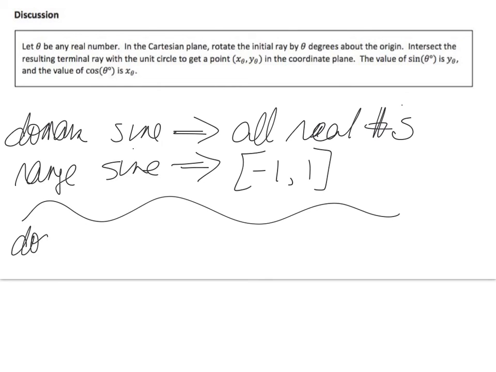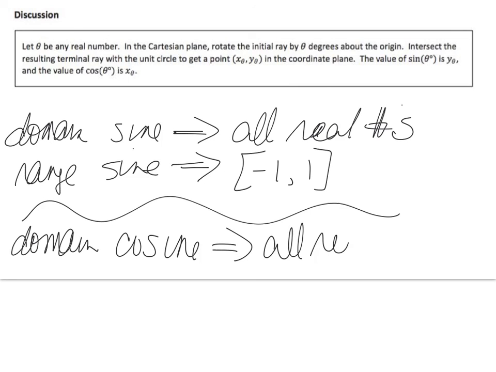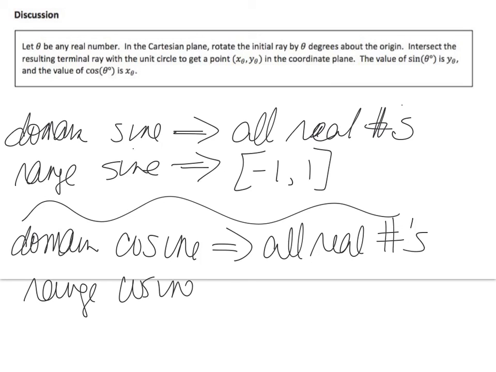The domain of the cosine function is going to be all real numbers. And the range of the cosine function is also going to be negative 1 to 1.